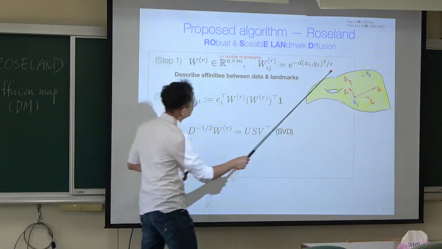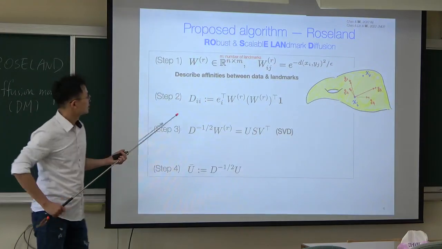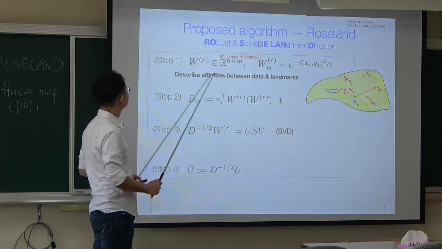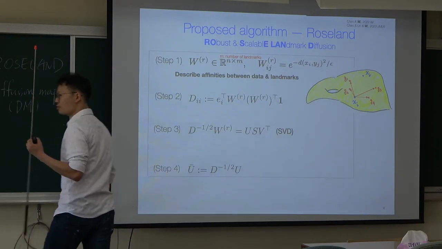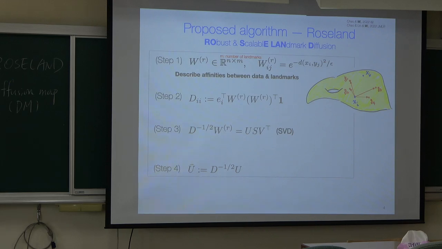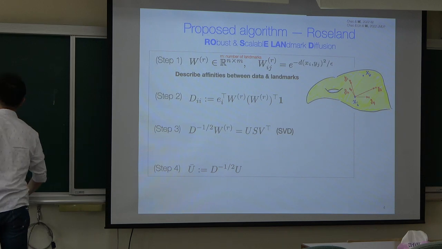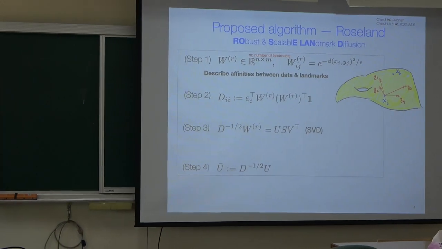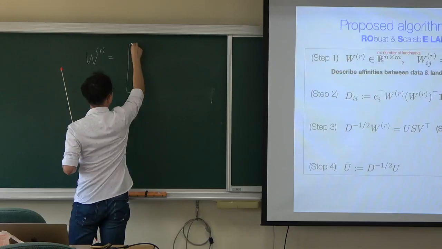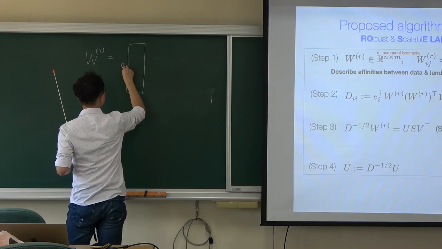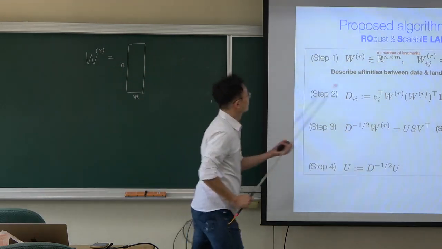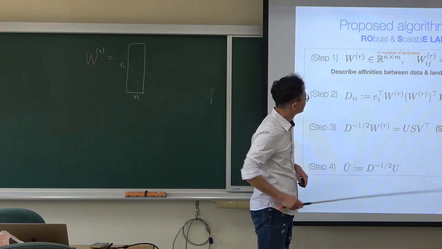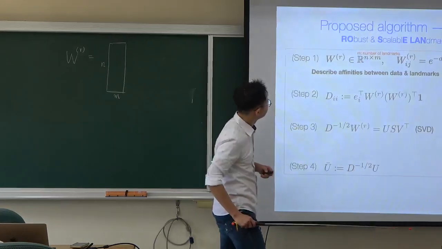This matrix will describe affinities between data and landmarks. So what you have right now is WR, which is a tall and thin matrix. This is N by M. Okay? Very simple. Then we go to the second step.